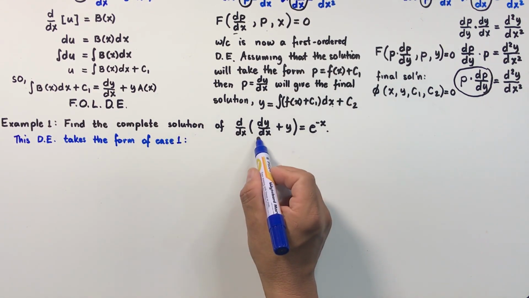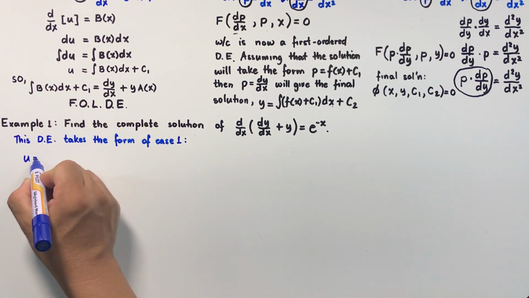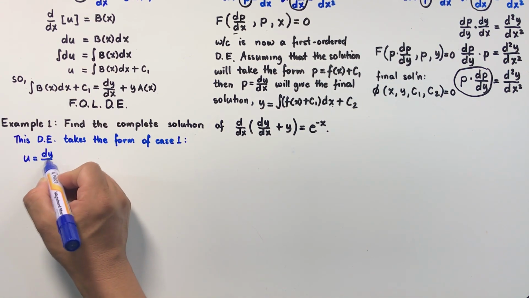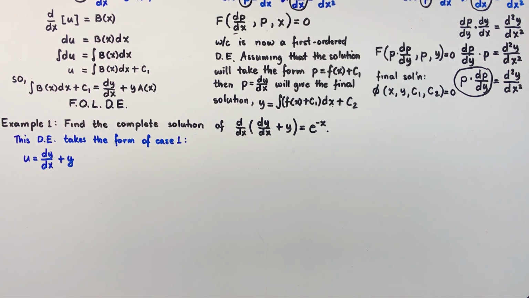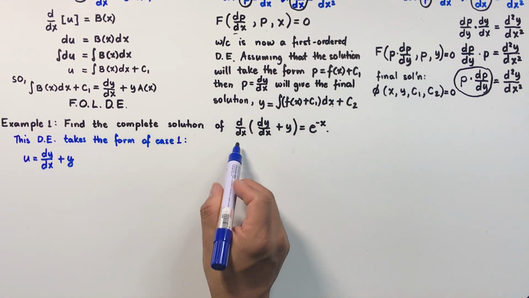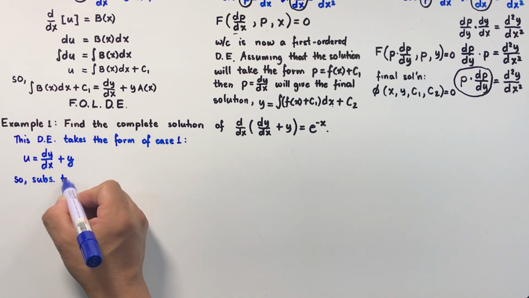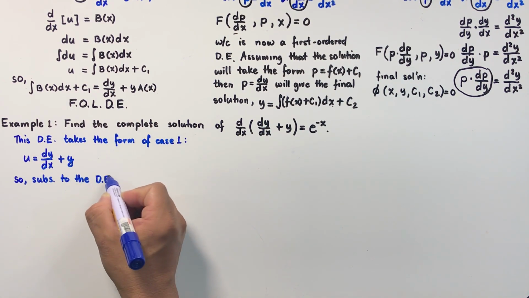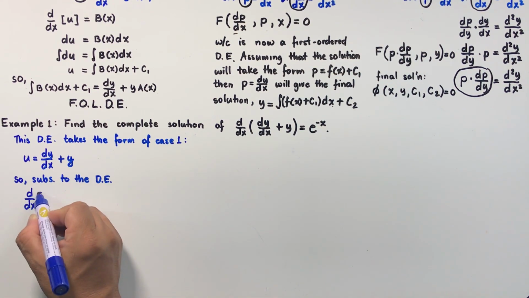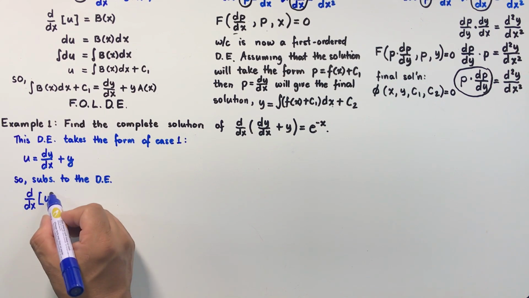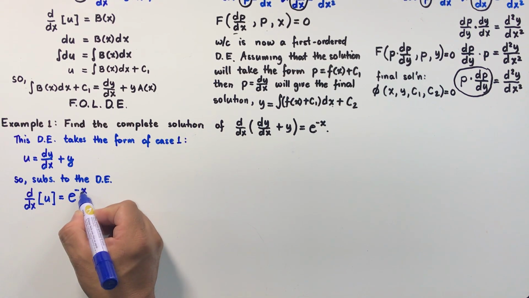So we represent what is inside here as u. So u is equal to the derivative of y with respect to x plus y. And substituting this to the given differential equation, we have the derivative of our u, which is this one here, is equal to e to the power negative x.